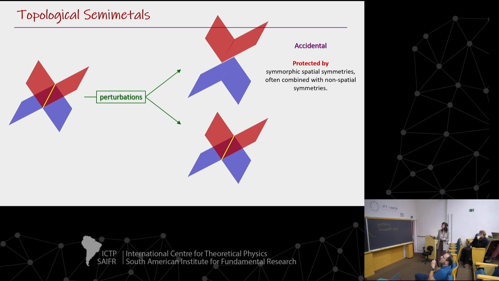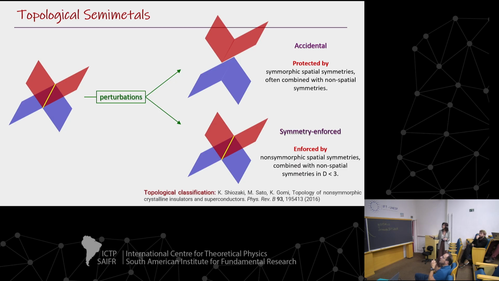This typically happens in the presence of symmorphic symmetries, which do not involve a fractional translation of the unit cell, very often combined with spatial inversion, time reversal symmetry, or chiral or particle-hole, which are non-spatial symmetries. Or the degeneracy is robust against perturbations, in which case it is symmetry enforced, and this happens in the presence of non-symmorphic symmetries.